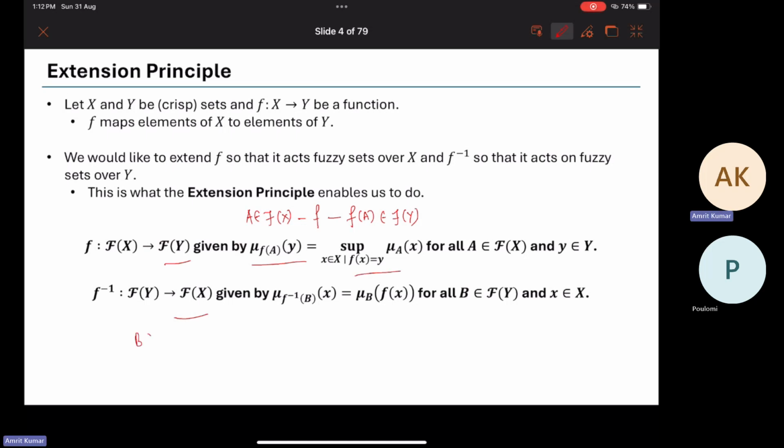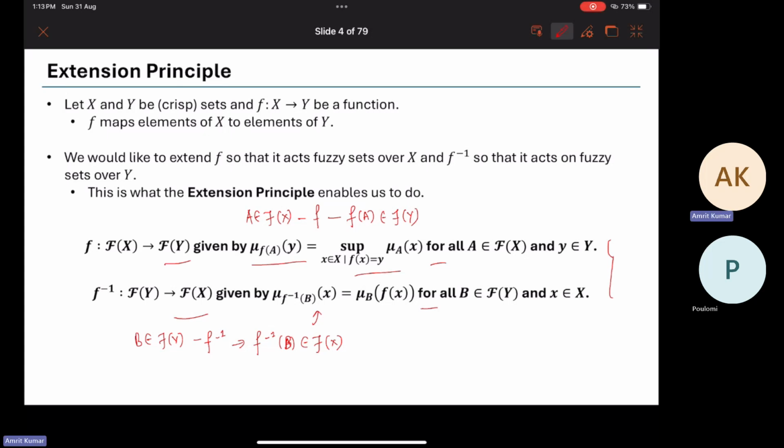Similarly, when you start with a fuzzy set B over y, you apply f inverse to it, and you end up getting a fuzzy set over x. And this is what the membership function of f inverse of B looks like. Why these extensions are defined in such a manner is what we discussed in the last session. We showed that these definitions are meaningful, and that they are a natural extension of f.